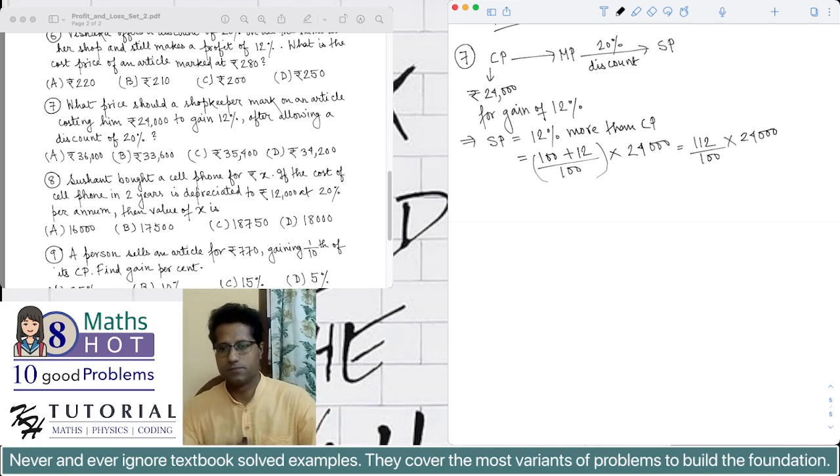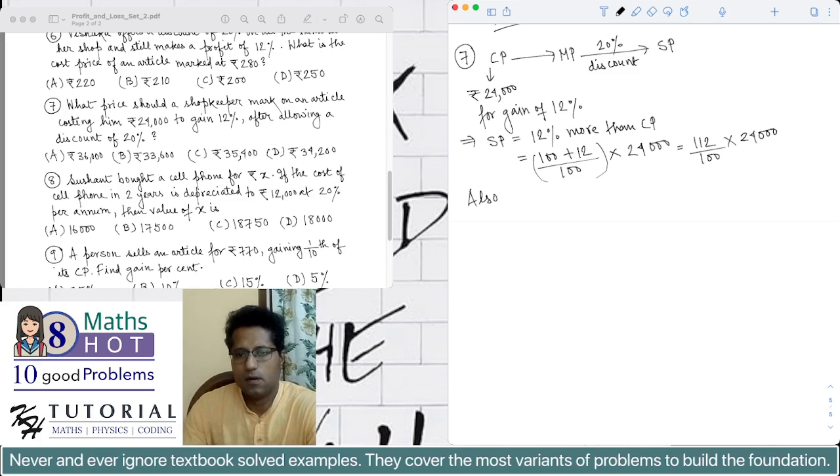So from the mark price we can also compute the selling price based on the discount rate.